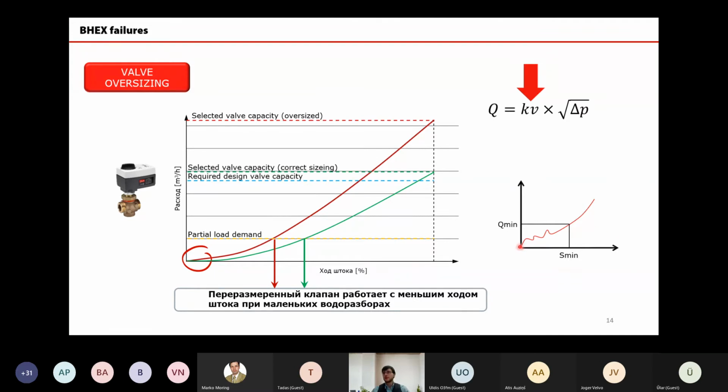And I will remind you that in winter we have 100 to 110 degrees supply temperature from the district heating network, and 5 degrees or even 2 degrees, the cold water can be really cold, on the secondary side.